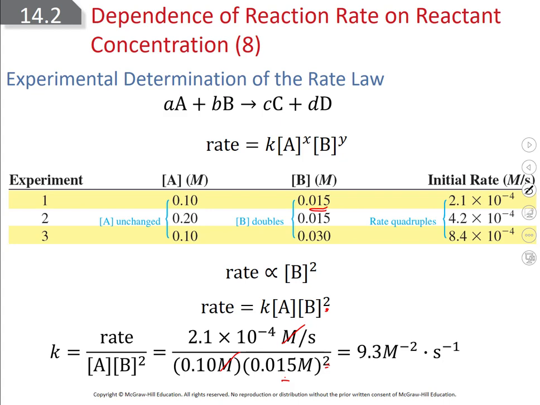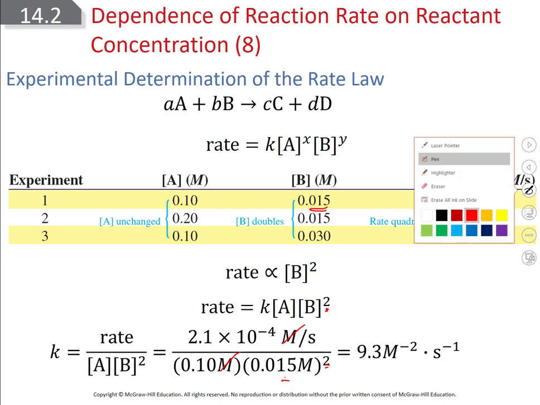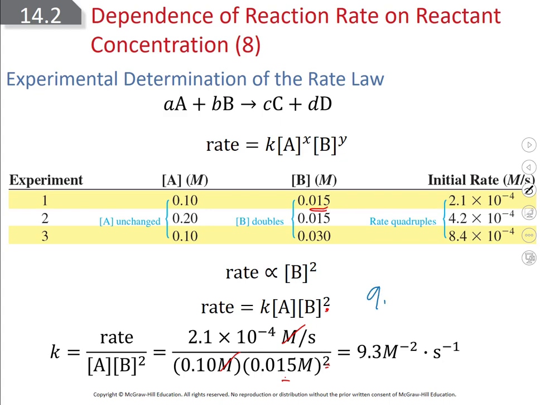So molarity to the -2. Or if you prefer writing it that way, is 9.3 times, and then 1 over molarity squared times seconds. Same thing. Whether you prefer writing your units as a fraction or as negative powers, same thing.